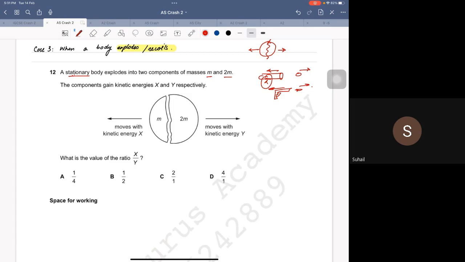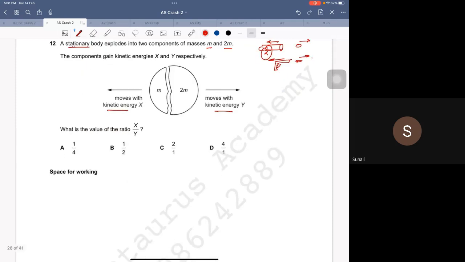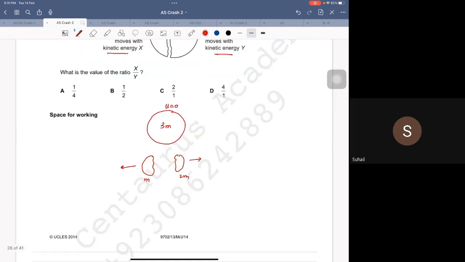Now the issue is that to find the kinetic energies, we need their velocities, which we do not have, right? So it means when the body had not exploded, it must have been of 3m mass and no velocity at all. So this is the condition before. And afterwards, one piece has gone this way, the other piece has gone this way, and this is m, that is 2m. So this is what we're dealing with.